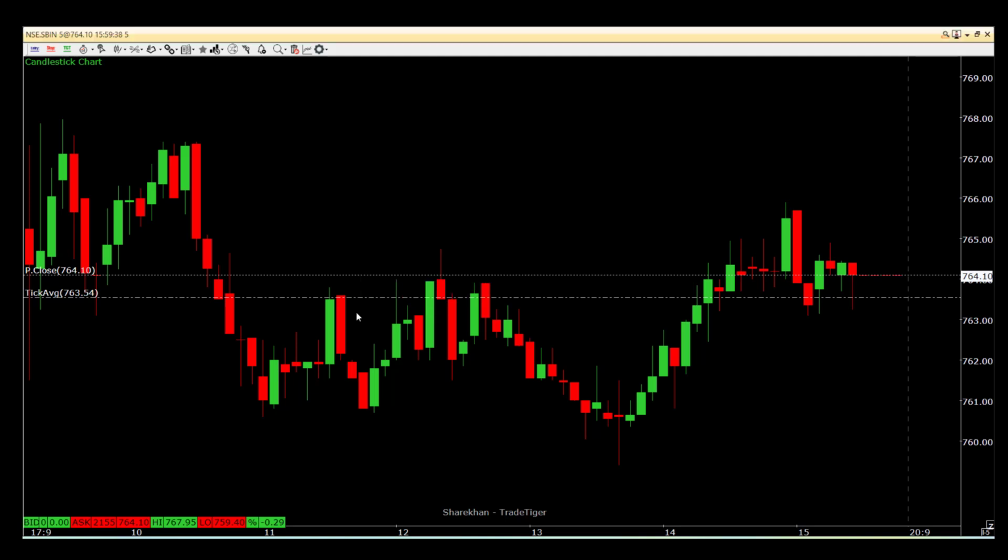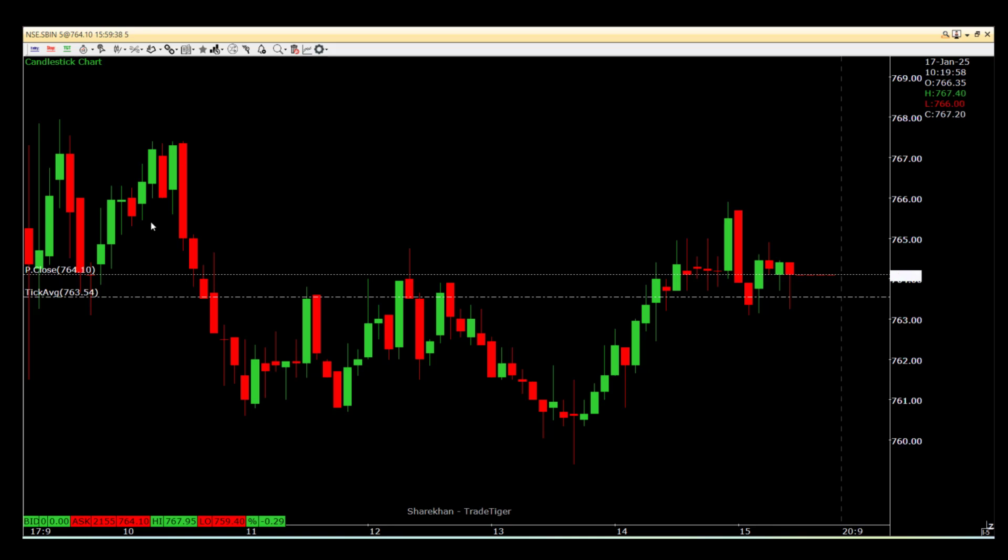If you take the cursor, you can see the details in the right side above this part. If I put the cursor on the first candle, you can see in the right side upper corner 17 January 2025, that was the date on Friday, the last trading day. You can see the 5-minute chart; the market started at 9:15, that's why the 5-minute chart is showing 9:20.